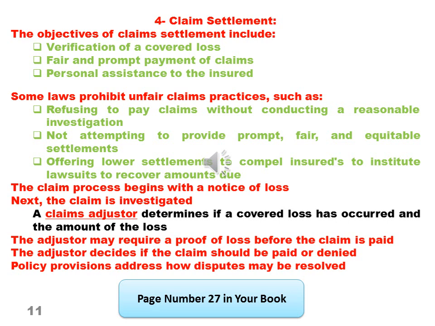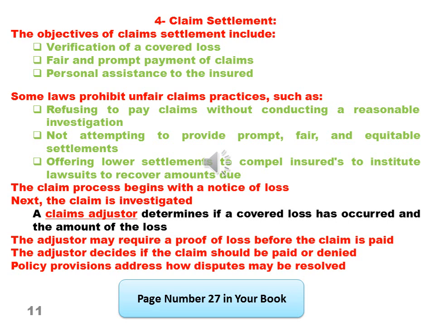What are the objectives of claim settlement? Claim settlement includes verification of a covered loss. The company must verify whether this loss occurred or not, because if there is no loss, the company cannot pay any claims to the insured person.